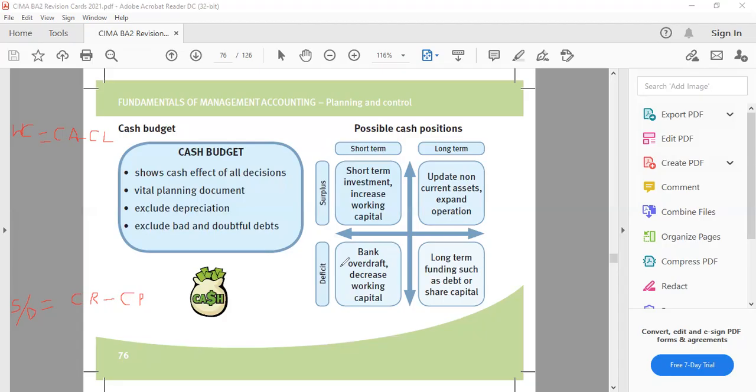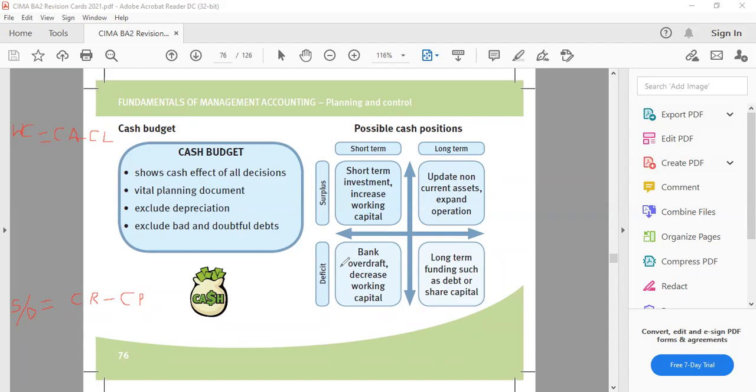See, this availability of surplus, if it is in the short run, then short term investment. If it is in the long run, they see that they have more cash than their current liabilities, then the investment into long term assets will be taken up. They would invest in long term assets.